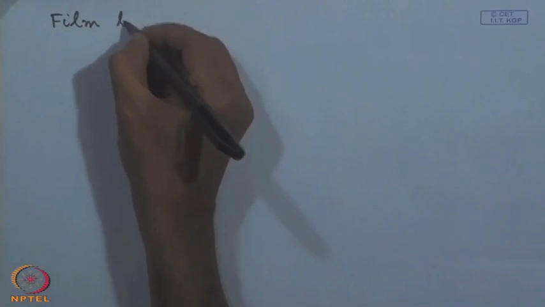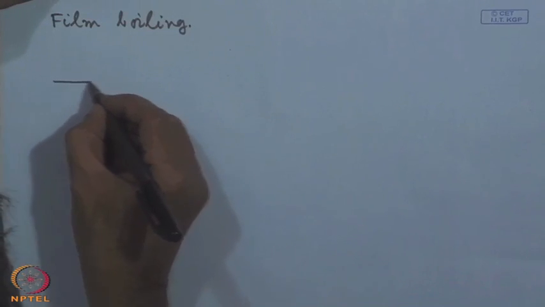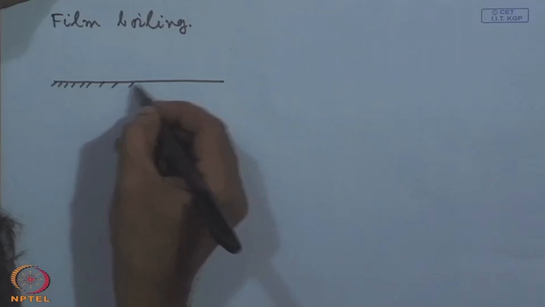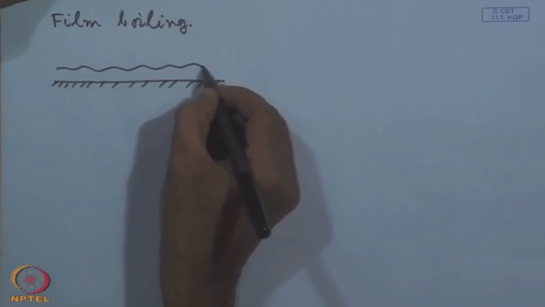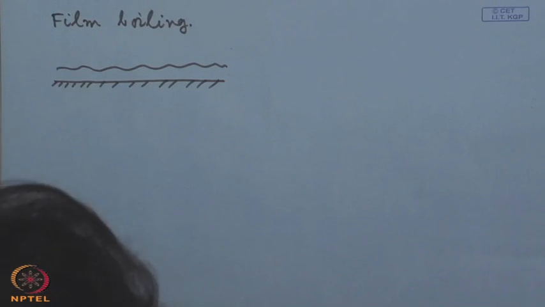So, in film boiling, the heated surface is covered with a film of vapor.